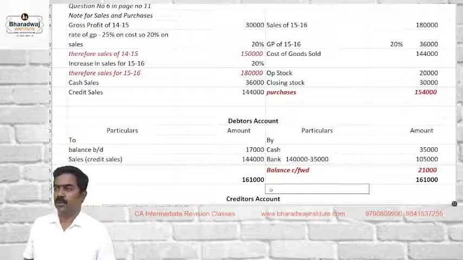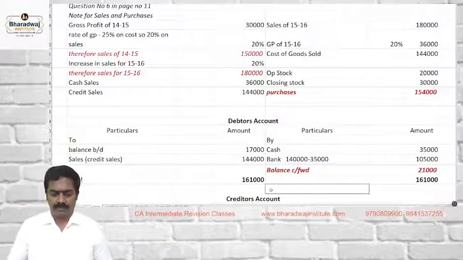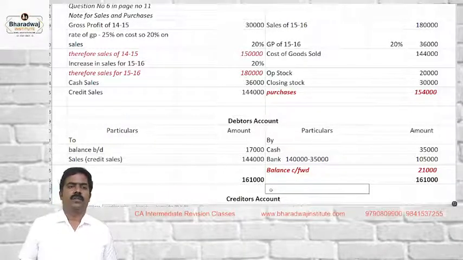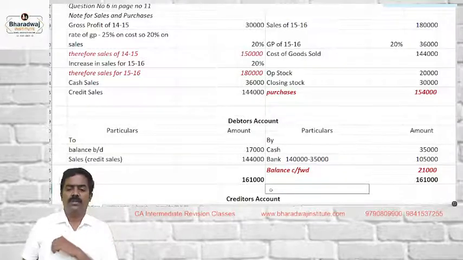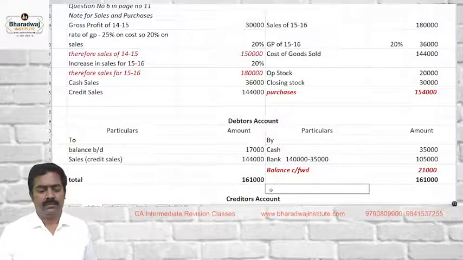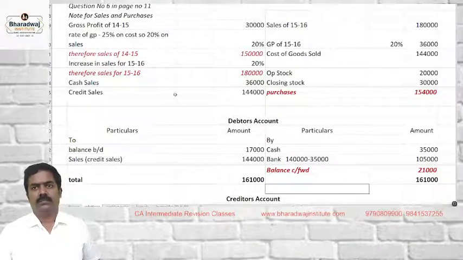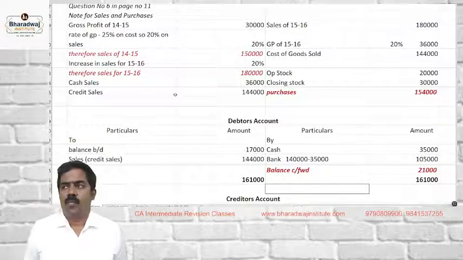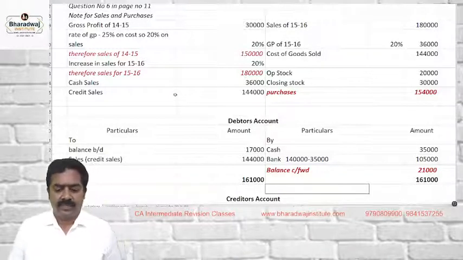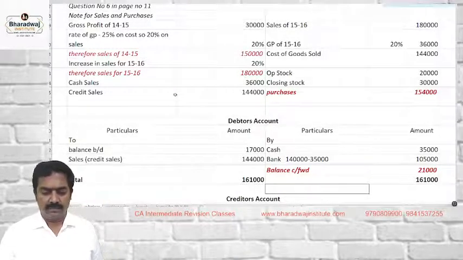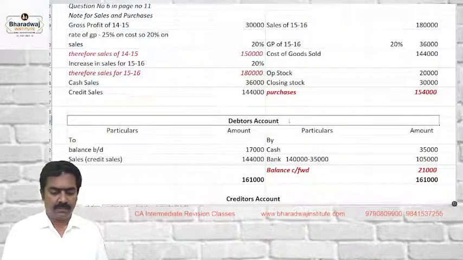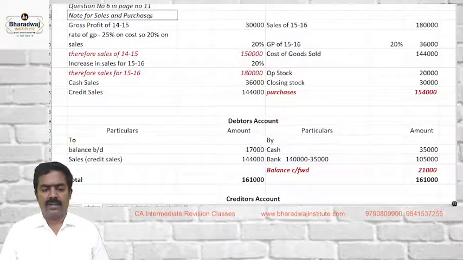Next, prepare creditors account. Let us increase the speed of writing and thinking also. Have we taken up to this?